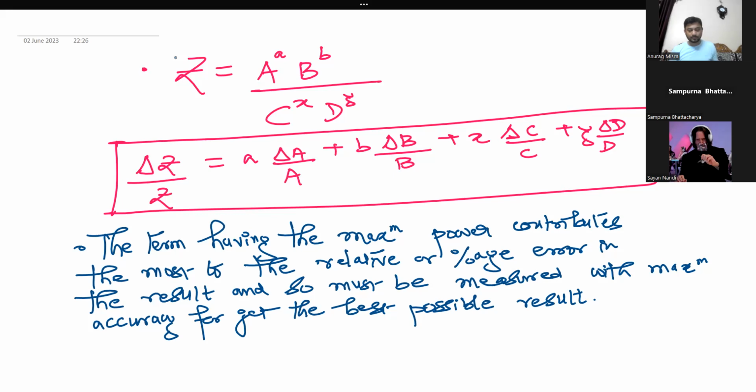Yes, sir. So let's come to a problem to understand how we will use this practically.